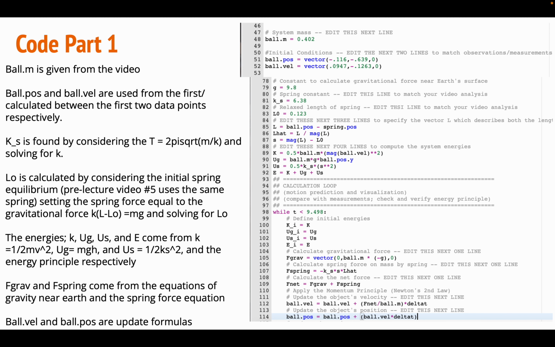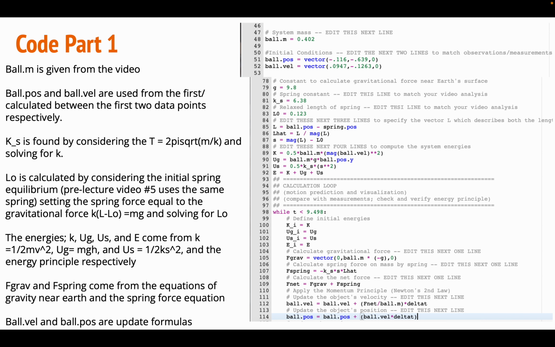For the code, as I said earlier, ball position and ball velocity are used from the first calculated points. The spring constant is found when you use the equation that the oscillation period equals 2 pi times the square root of mass over spring constant, and you solve for the spring constant.